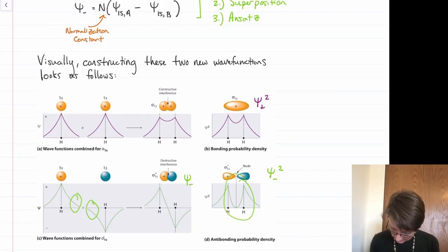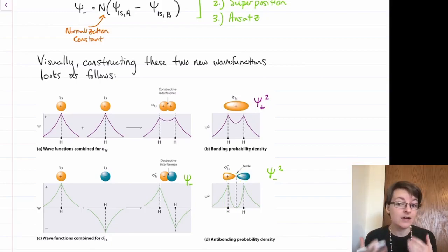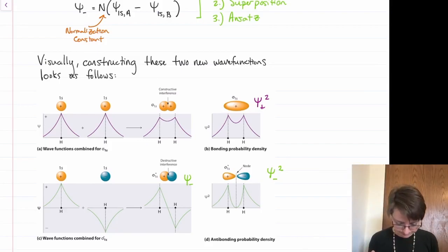In a sense, this wave function is telling me that the electron density, if an electron is in this orbital, is going to be pushed to the peripheries of the molecule rather than concentrated between the nuclei.